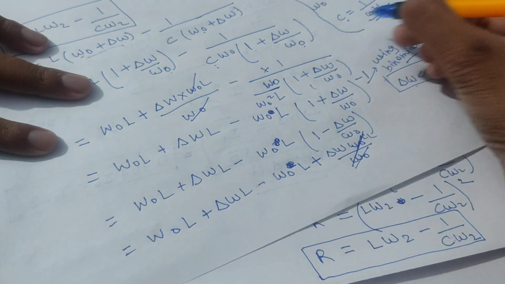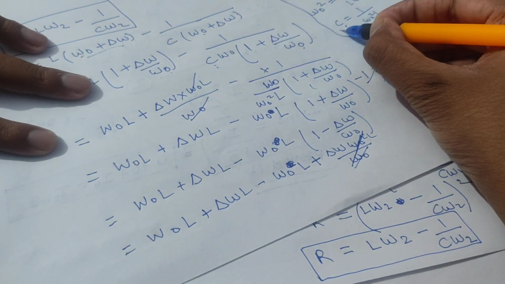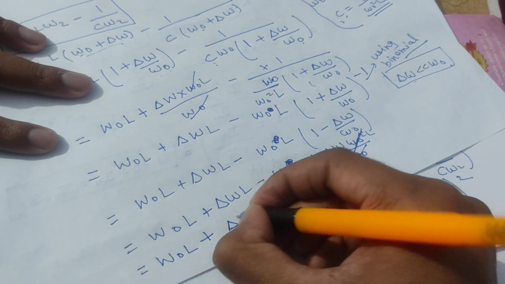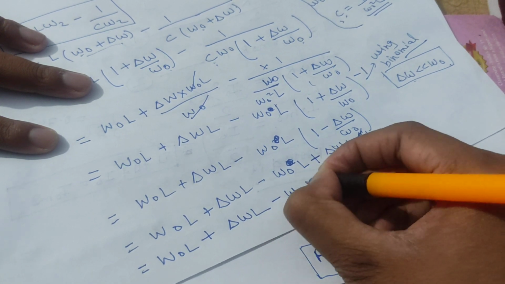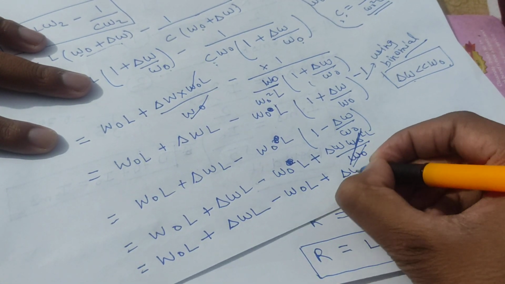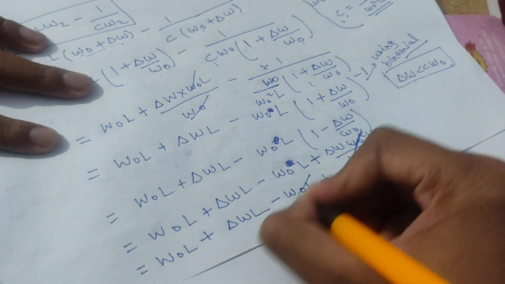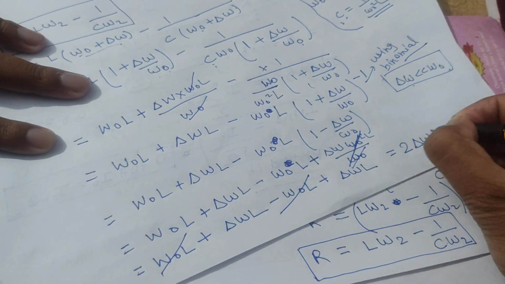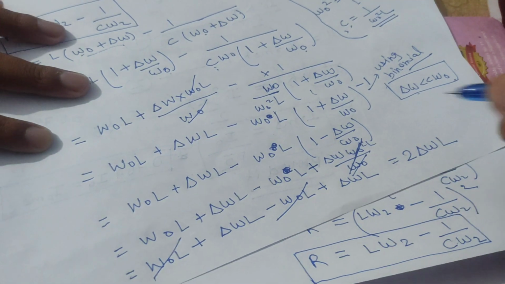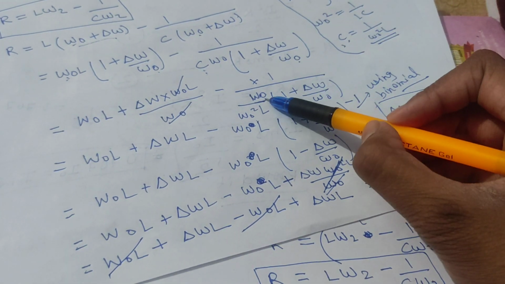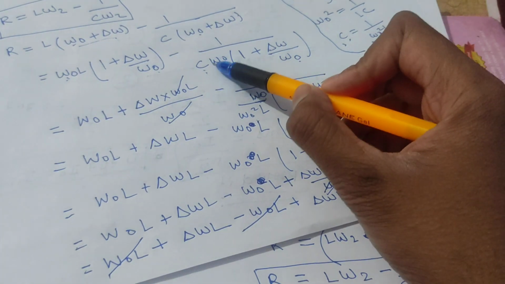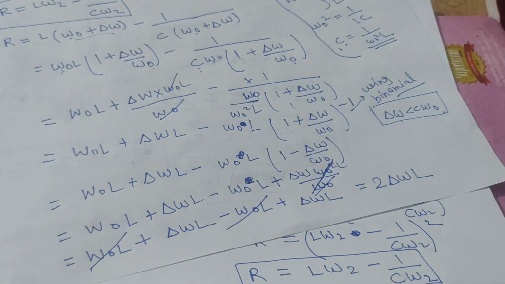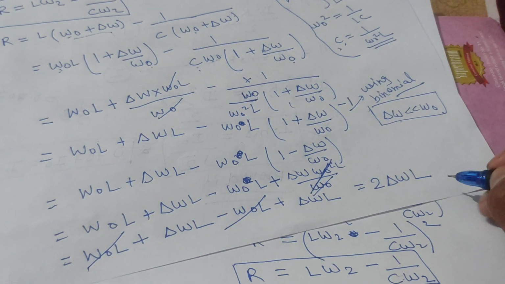Okay, and we put the value from here. That's why there is omega naught L plus del omega L. So this will cancel, we're left with 2 del omega L. Okay, so what I have mistaken is here I missed writing omega naught in the numerator of it, so I forgot to write. So that was my mistake, but now it's clear. So we got this answer.